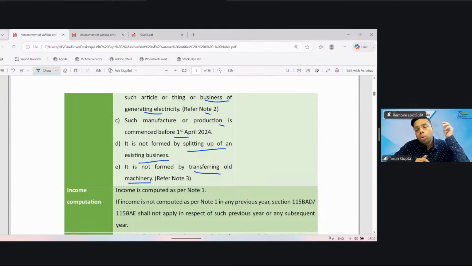So out of the total plant and machinery installed by the cooperative society, if the old plant and machinery is up to 20%, then the benefit is allowed. But if the old plant and machinery exceeds 20%, then this benefit shall not be allowed. And for considering what is old plant and machinery, the machinery which is imported into India, though it was used outside India, and is an old machinery imported into India, is not considered as old plant and machinery.